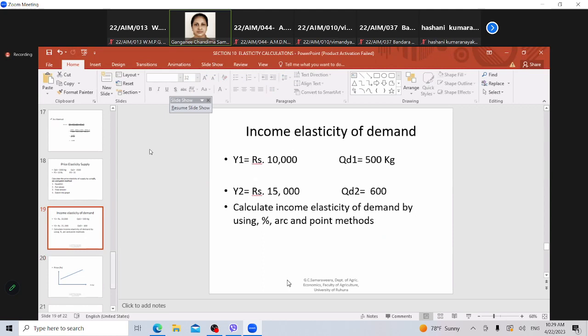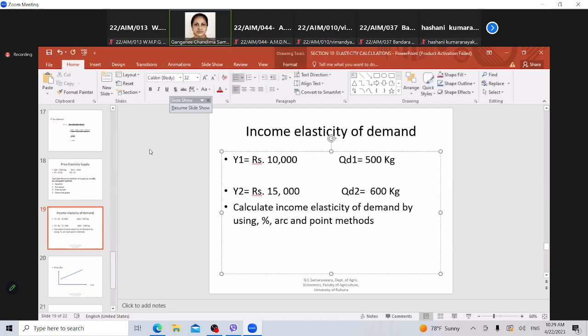Now at least 10 or 20 answers should come. This is kilogram. These are rupees. Okay, now please try. I'll give you a sharp 10 minutes. And please, I need the majority's answers.